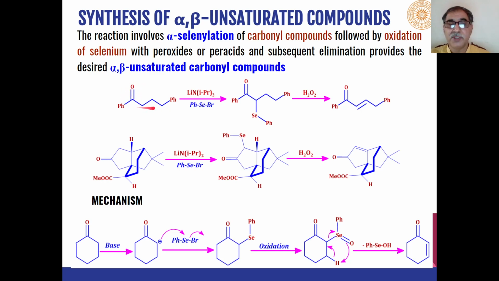So, for example, in this carbonyl compound, the hydrogens present on this alpha carbon are very acidic due to the presence of the carbonyl group.